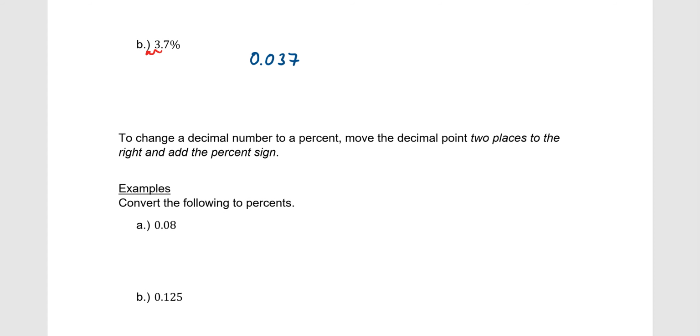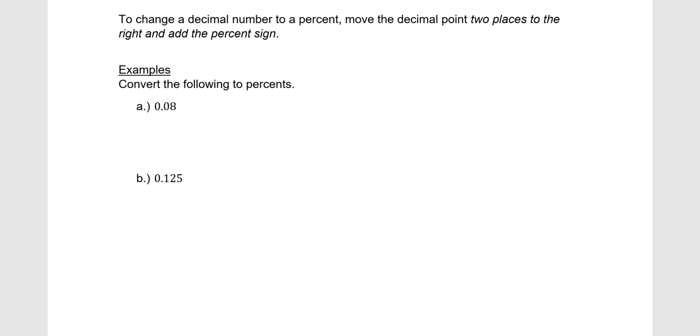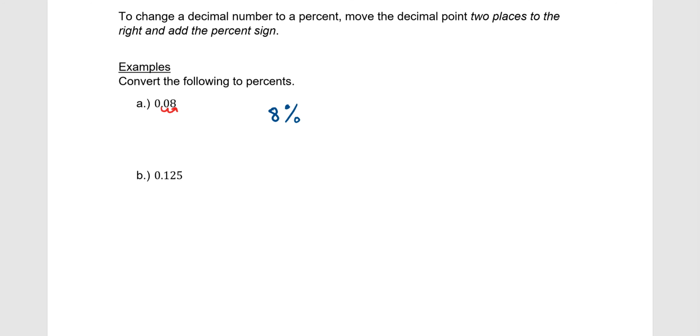So now let's go the other direction here, and let's change a decimal to a percent. Once again, pretty simple. All we have to do to go from a decimal to a percent is move the decimal 2 places to the right and then include the percentage sign afterwards. So for 0.08 as a percent, we move that 2 to the right, which gives us 8, and then we throw in the percentage sign, so 0.08 represents 8%.